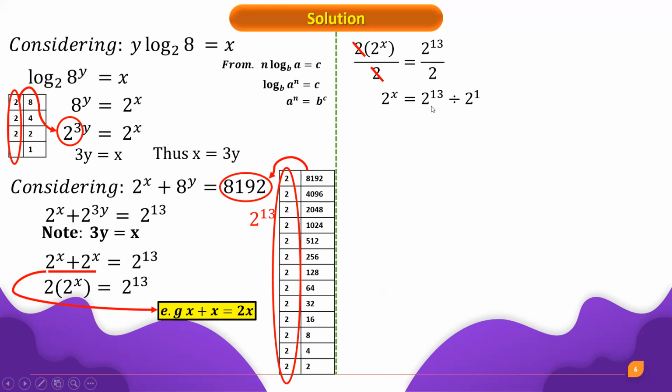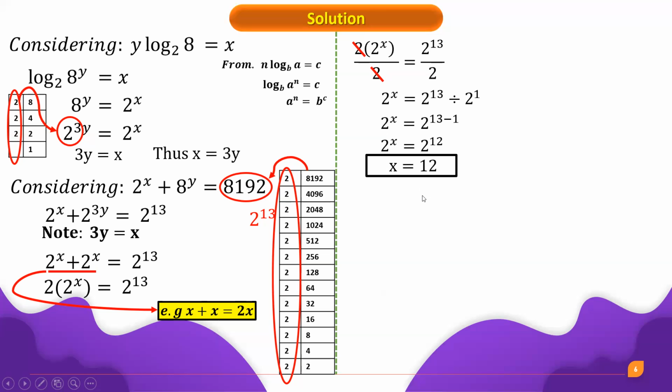Whenever we are dividing numbers of the same bases with different powers, we subtract the powers. So 13 minus 1 gives 2 power x is equal to 2 power 12. From the rules of indices, if we have the same base, then we equate the powers. So our x will be equal to 12.